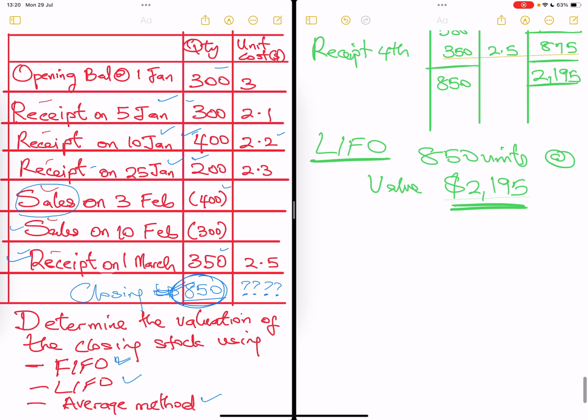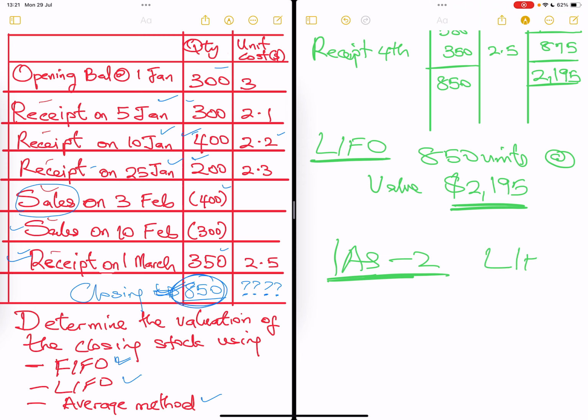With this, you expect companies might actually start playing games to see how they can use a method to increase the value of their inventory, and that is why the standard on inventory, which is IAS 2, said one or two things on how to value inventory in terms of what method to use and what method not to use.